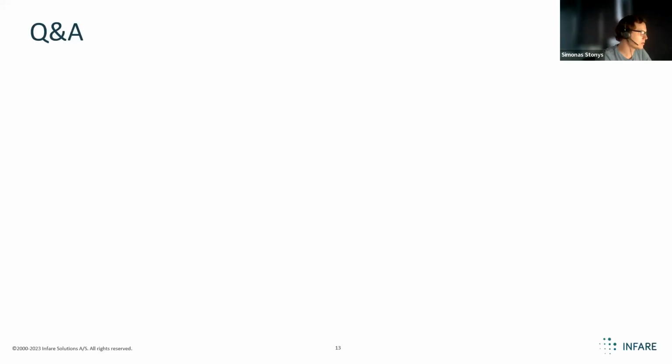The next question: what is the best place to start if you want to be a data engineer? I would say that there are two main paths to becoming a data engineer.